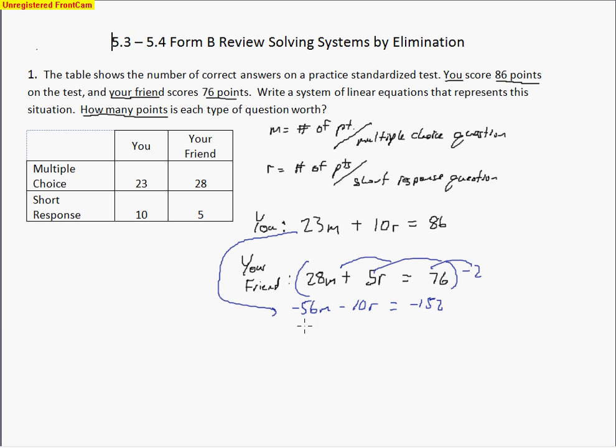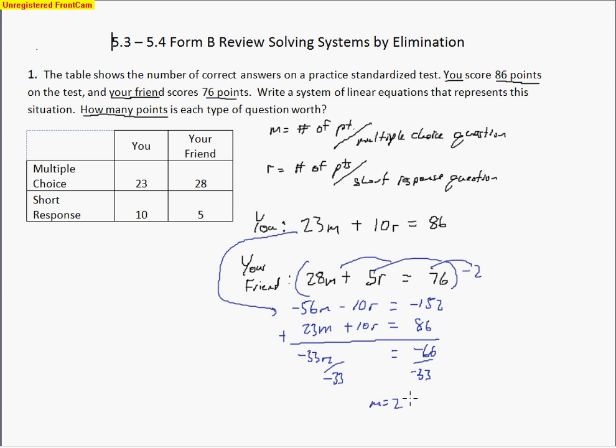And so I'm going to bring your equation down, the U equation, and then add the two equations together. Since they're opposite in sign, I subtract and get negative 33M equals negative 66. When I divide by negative 33, I get M equals 2.